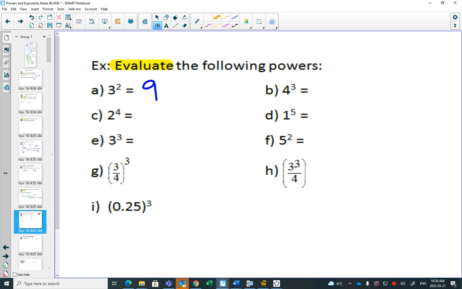Because you can either do on your calculator 4 times 4 times 4, but some calculators have a little hat button like that. See if you can somehow write 4 cubed on your calculator and get 64. Some calculators have this button, a YX button.